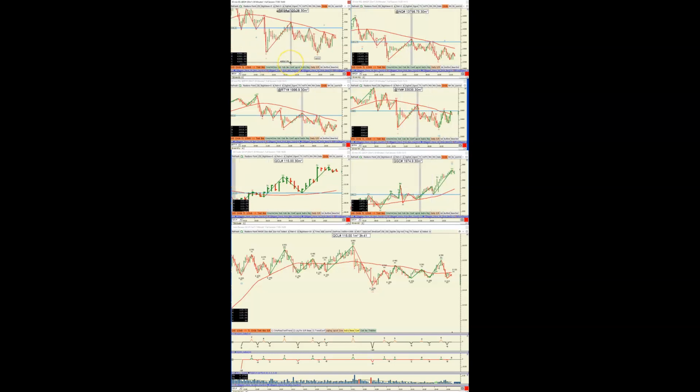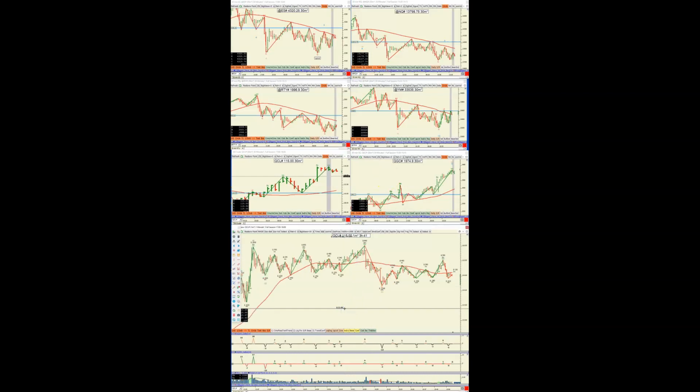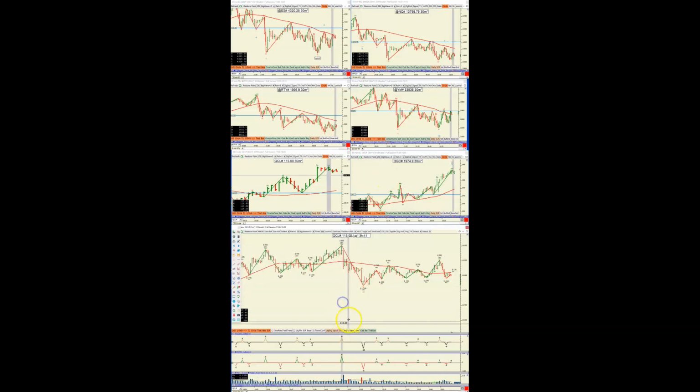There are many, but this is one that we use. So I have here 30-minute ES, basically indexes in the top 4, and below that are the crude and gold. These are the 30-minute charts. Below that, I have a 1-minute chart with price and volume and thrusts.